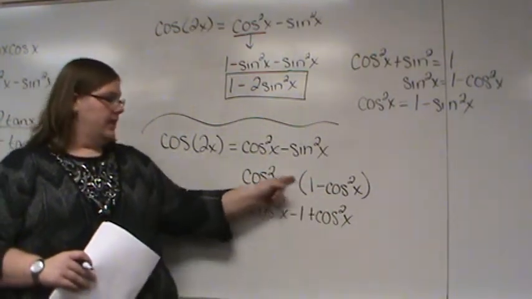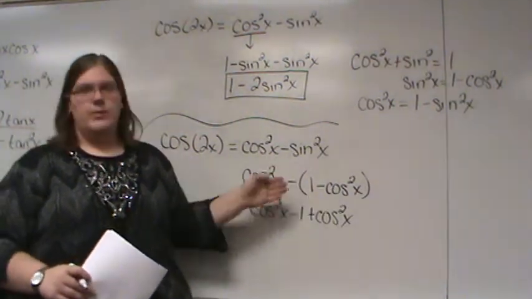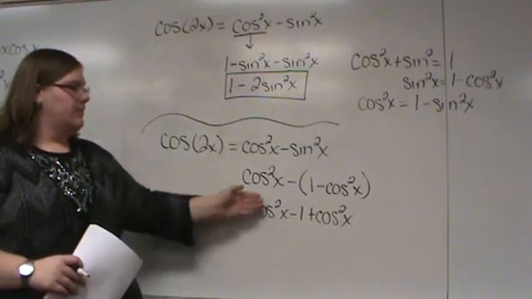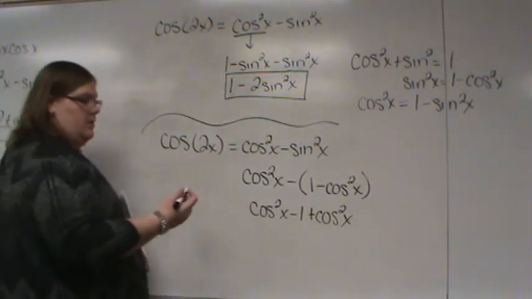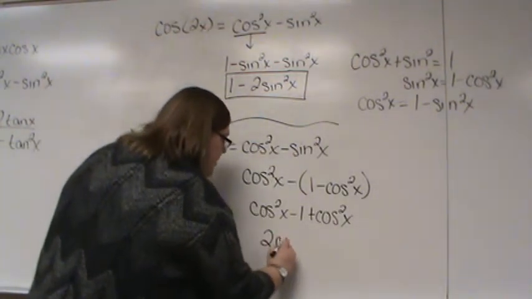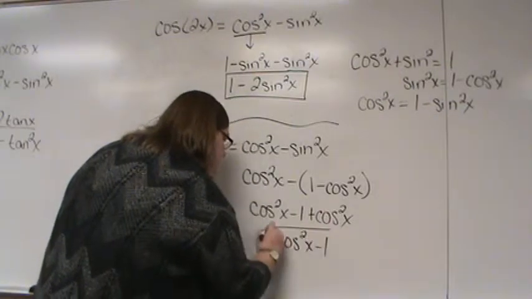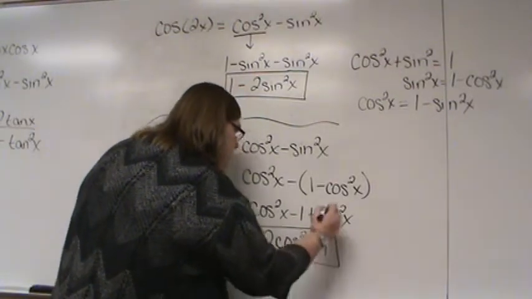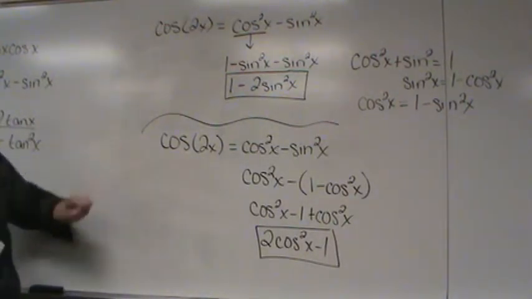You can, and you would write that as an addition then. But just to make sure that you know exactly where each thing is coming from, I'm showing it to you step by step. But yes, you can do that. And then you get 2 cosine squared x minus 1. And that is also another version of cosine 2x.